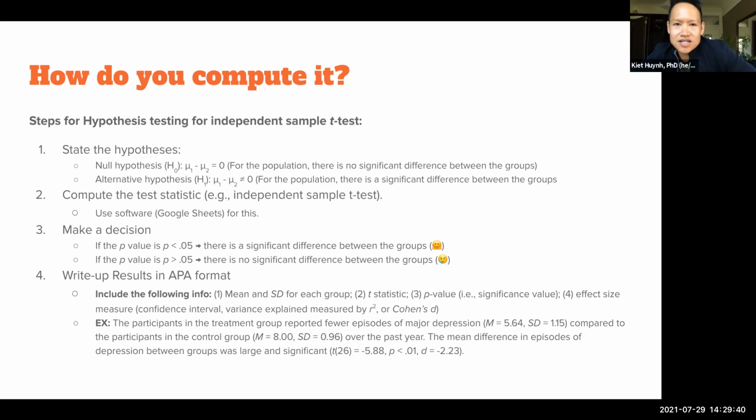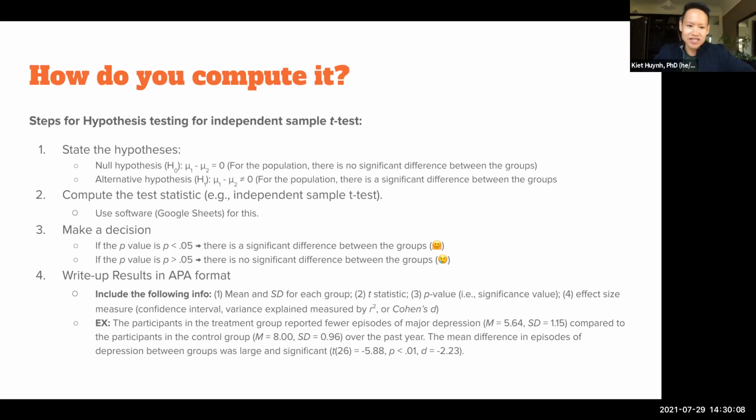There's Excel, there's SPSS, there's R, there's Python. For this class, we're using Google Sheets. Once you get to more advanced statistical tests, Google Sheets won't be able to handle it because it's not built as statistical software, it's built as a database. But for the sake of this class, we can use Google Sheets.